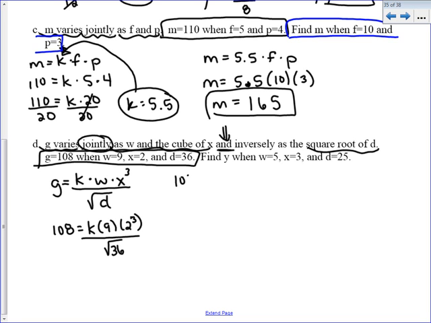So 108 is equal to K times 9. 2 to the third is 8. And then the square root of 36, 6. So I'm looking at 108 is equal to K times 72 over 6.